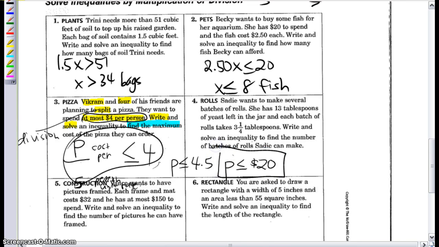I know that most of us maybe worked backwards from that question. We knew that 20 should have been in there because we multiplied in our head 4 times 5. So you could also use this inequality, but also know that your inequality could also look like P divided by 5 is less than or equal to 4 as well.